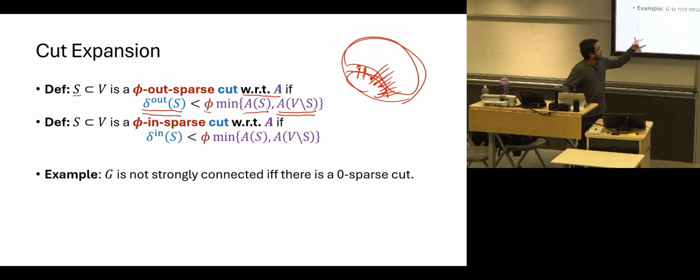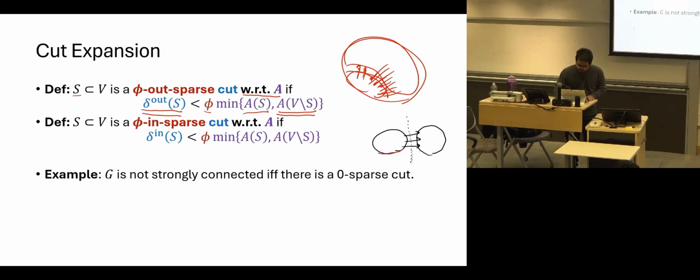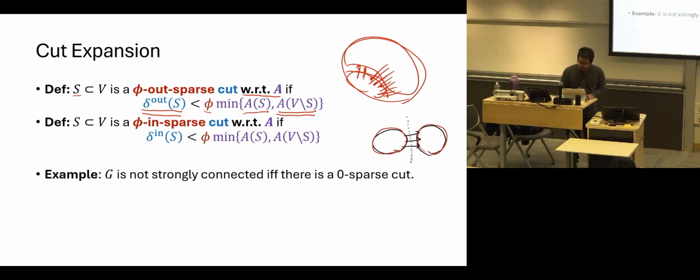Because if it's not strongly connected, there must exist some cut, like there are two separate strong components, so there is just one edge only in one direction crossing this cut. So in this case, this is going to be 0 in sparse, and this is going to be 0 out sparse.